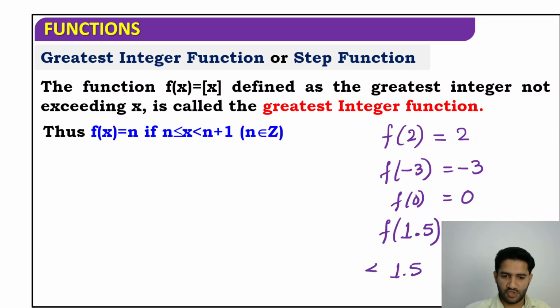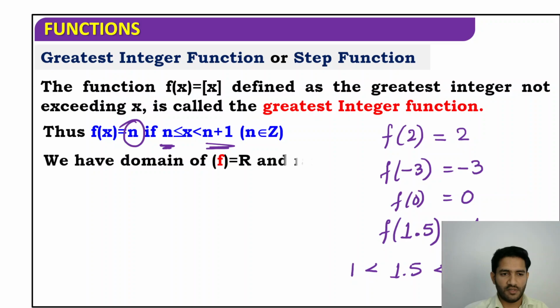It is in between 1 and 2. Am I right? Look at the definition. In between n and n plus 1, then n is the function value. So for 1.5, 1 is the function value.